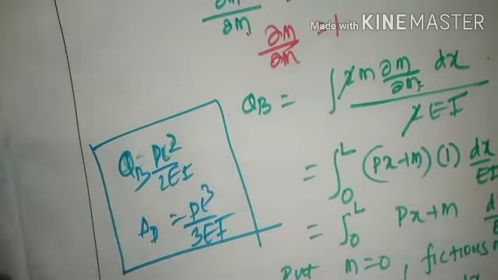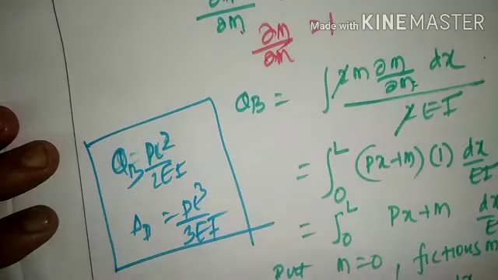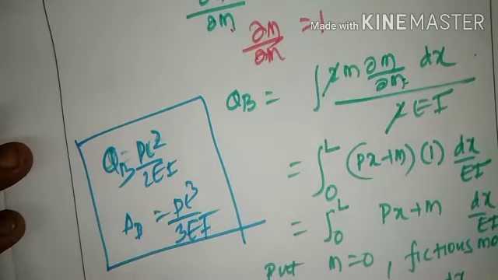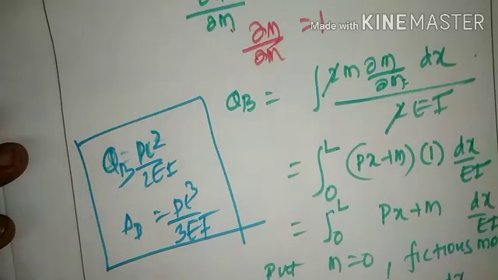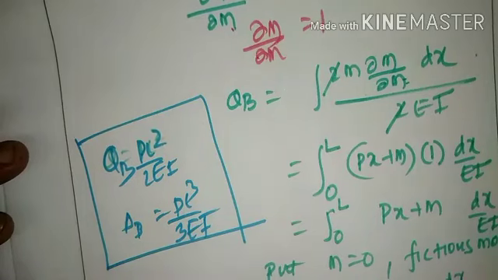So Castigliano's theorem, a small review. If you partially differentiate strain energy with respect to load, we will get the deflection at that particular location. Likewise, if you partially differentiate the strain energy with respect to moment, we will evaluate the slope at that particular location.